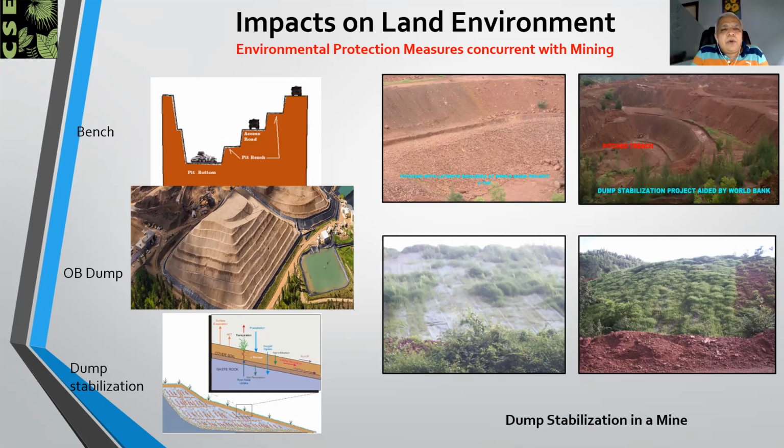Here we have the mine design itself. That is, the design of benches, how we can reach the pit bottom. It starts from that, and then the overburden which is removed from the mine until we reach the ore. That overburden has to be properly dumped.